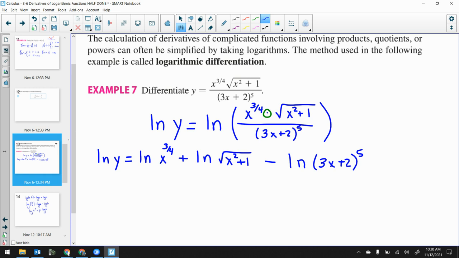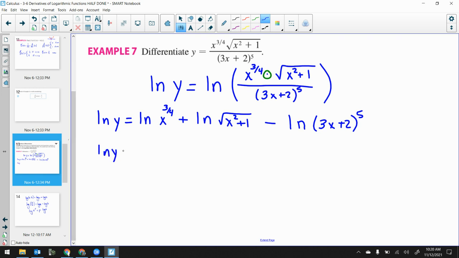I just changed all multiplication into addition and changed that division into subtraction. And I can keep going with this. ln of y is equivalent to, what can I do with that 3/4? Pull it out front. So 3/4 of ln of x plus, now what is the square root? What power? A 1/2.